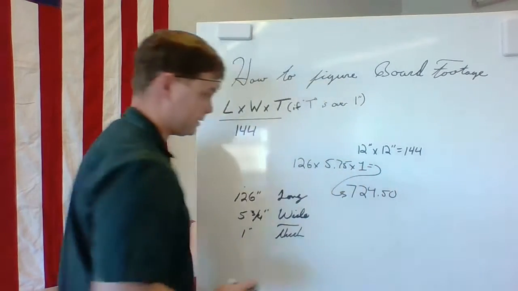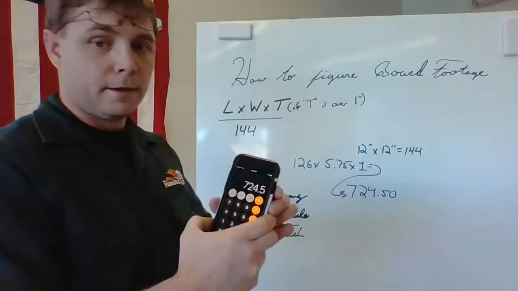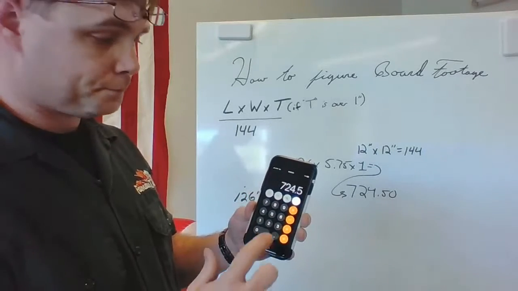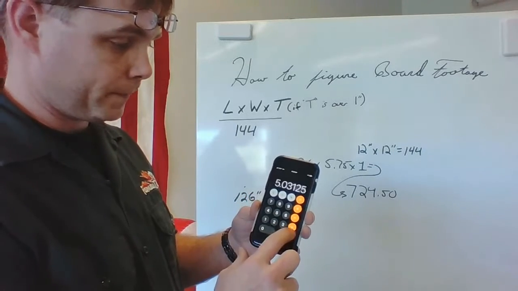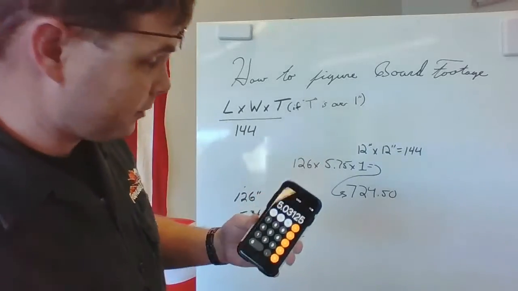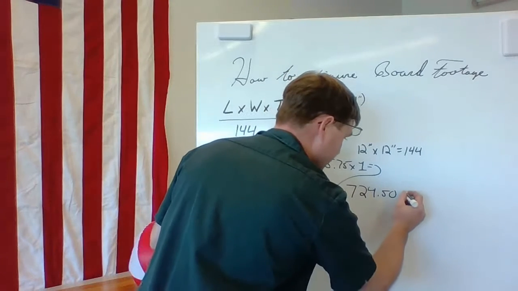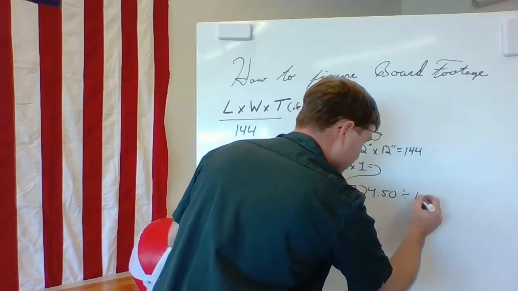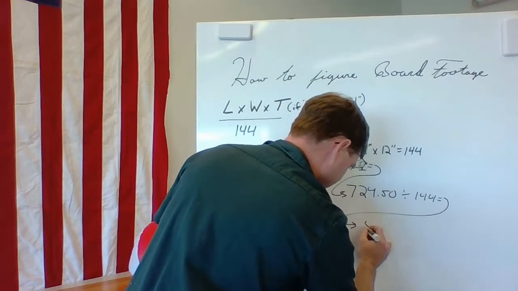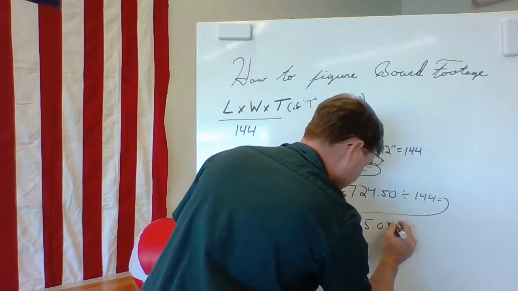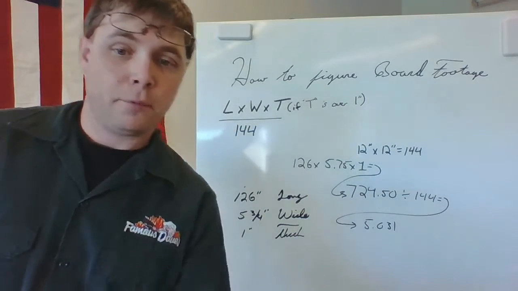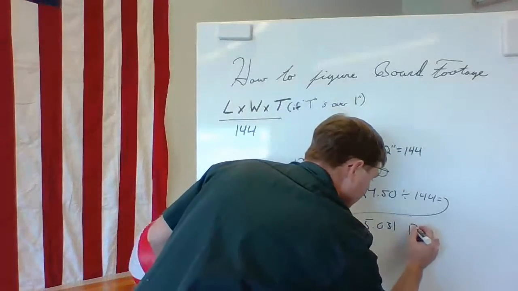So now I'm going to take 724.50 and divide it by 144, and that equals 5.031. All right, so that board that Cooper and I measured was 5.031 board feet.